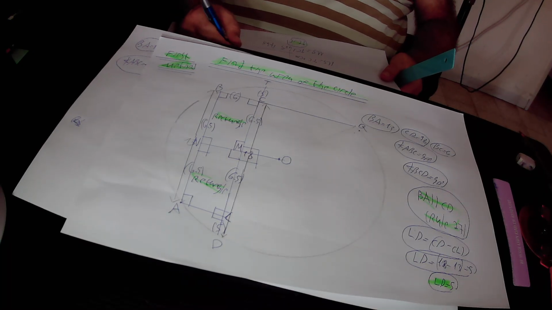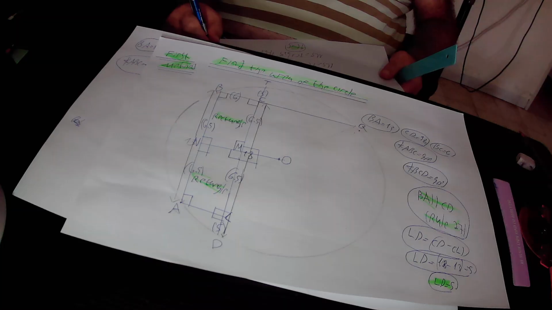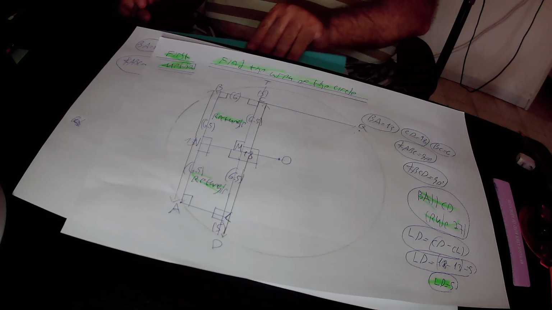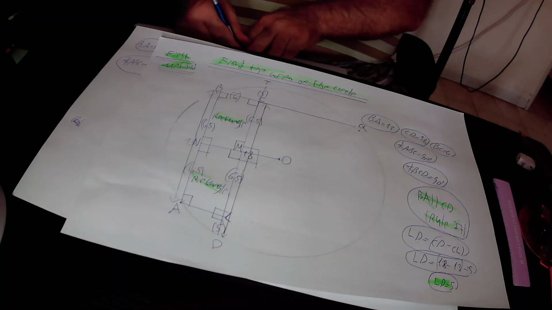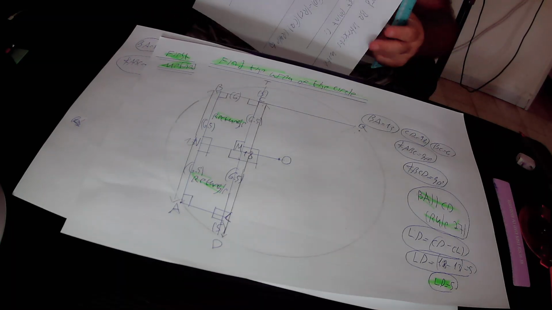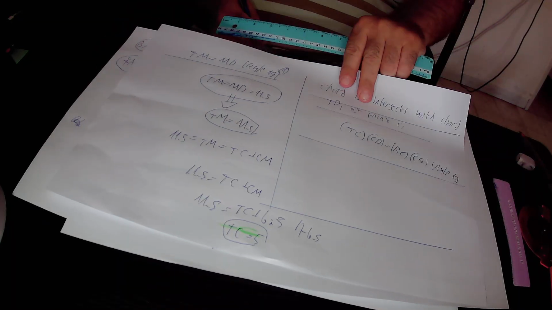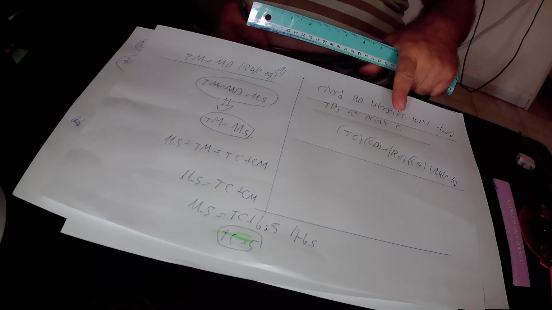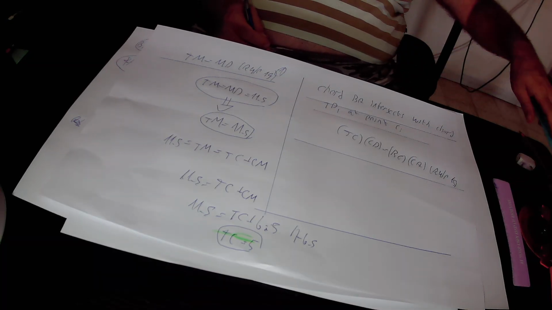TC times CD equals BC times CQ. And again, according to rule 15, the following equation is true: TC times CD equals BC times CQ.